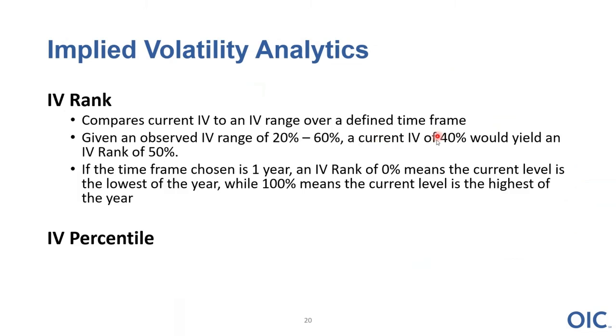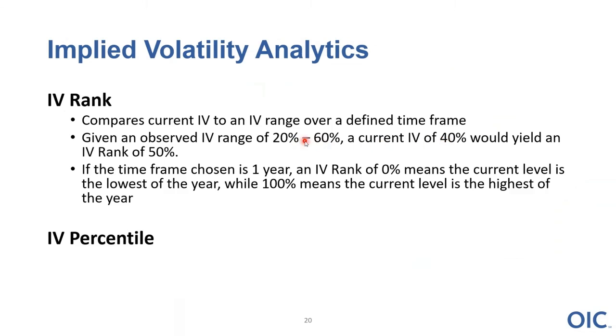A current level of 20% instead of 40 would leave an IV rank of 0. 100% means the current level is the highest of the year. If the current IV was 60%, it's the highest, and IV rank would be 100%. The clear limitation of IV rank is just these 3 observations. It's certainly useful. It has information that you might find valuable.